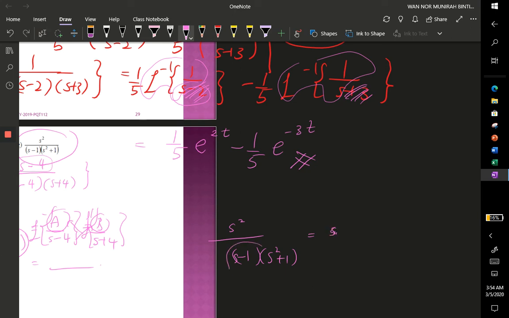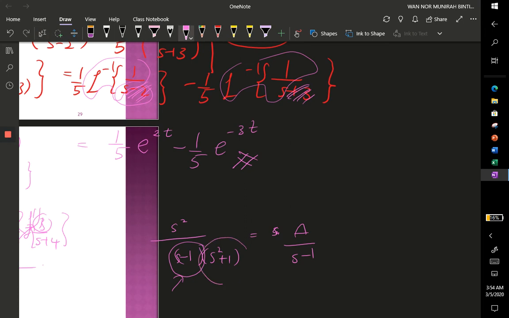This one is linear, so I have A over s minus 1. But this one is a quadratic function, so we must have Bs plus C over s squared plus 1. So you just cross multiply and compare the terms to get the values of A, B and C, and then put them back.